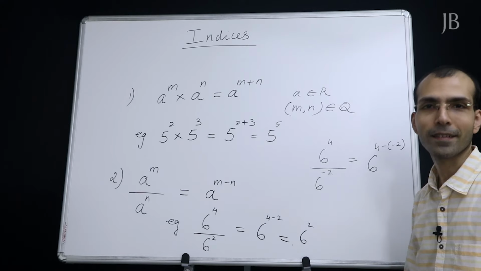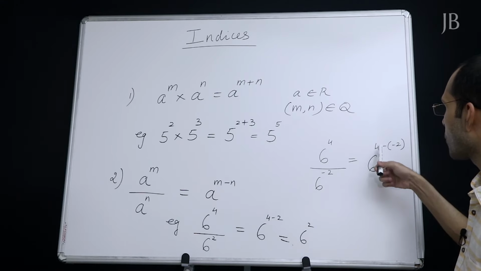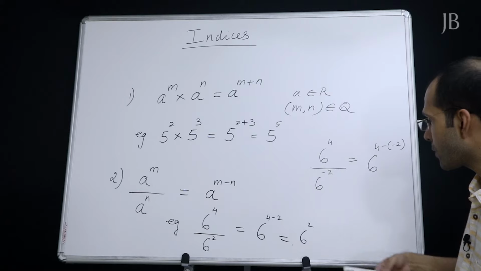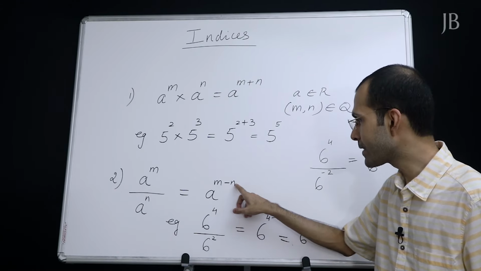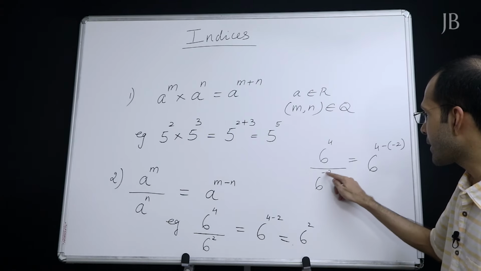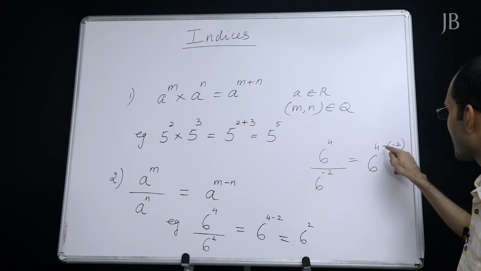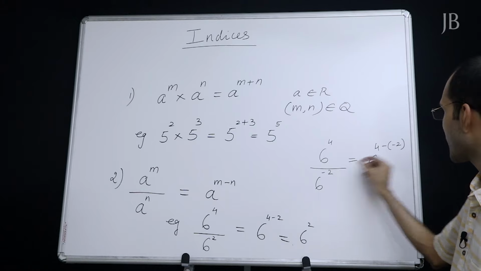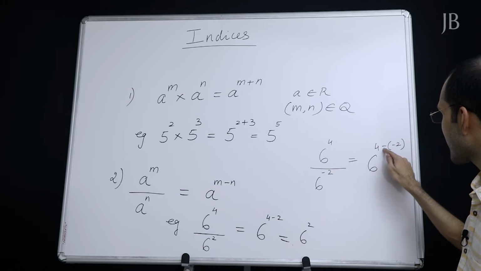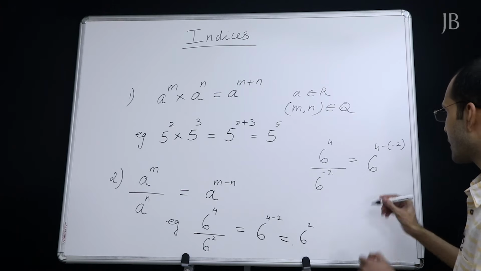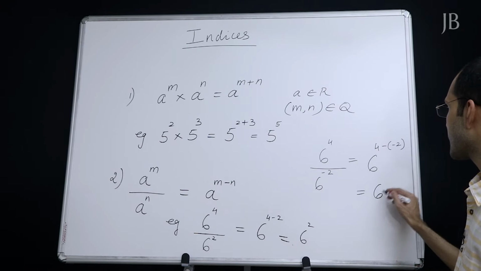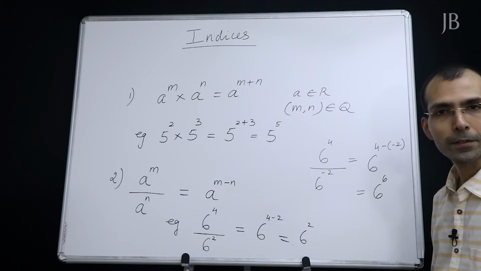This you take care of. One minus comes because of the law and this is n. But here n itself is negative, so it comes minus 2. This minus 2 comes from the value and this minus sign comes because of the law. So eventually this will become 6 raised to 6.